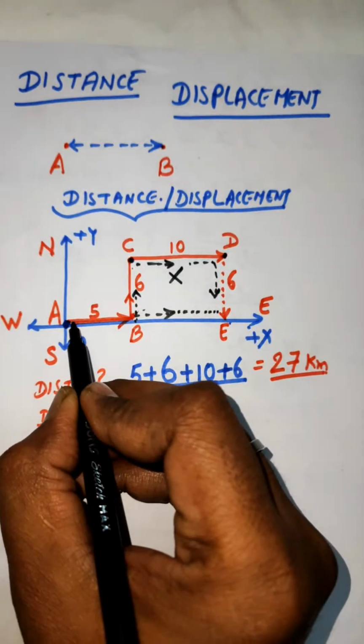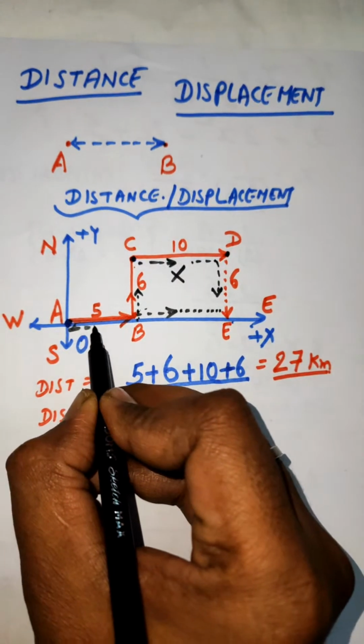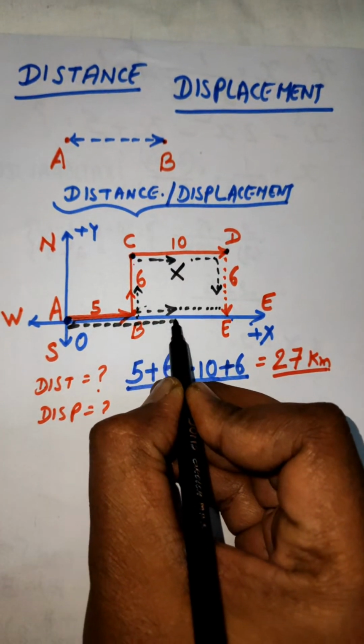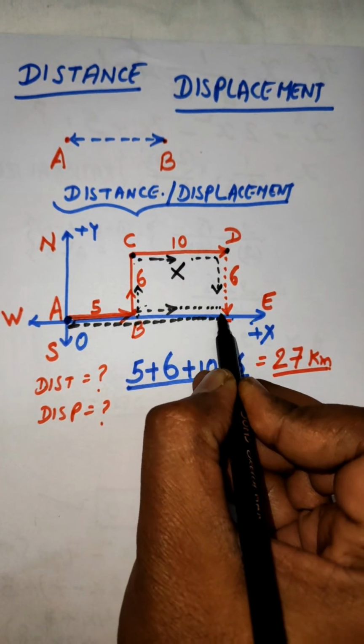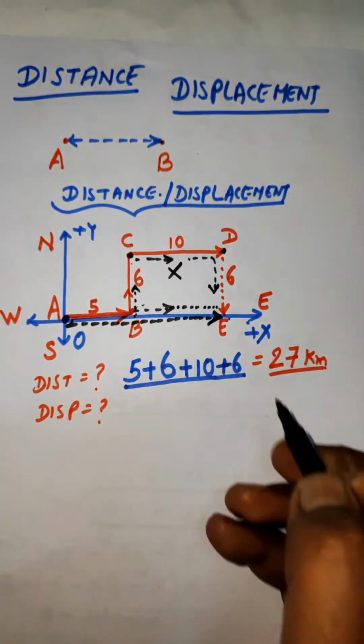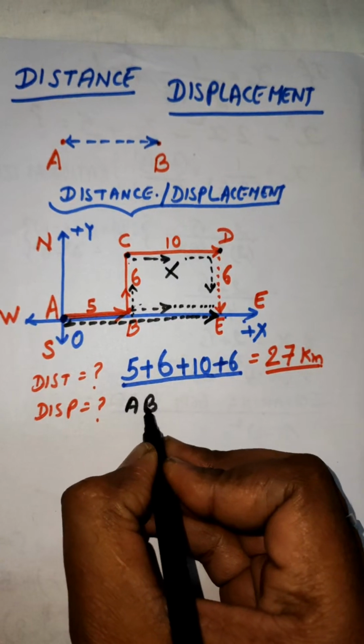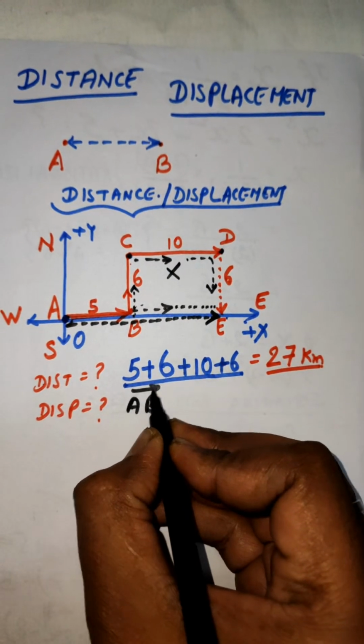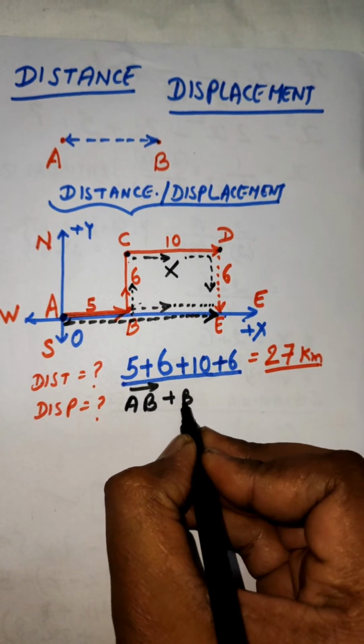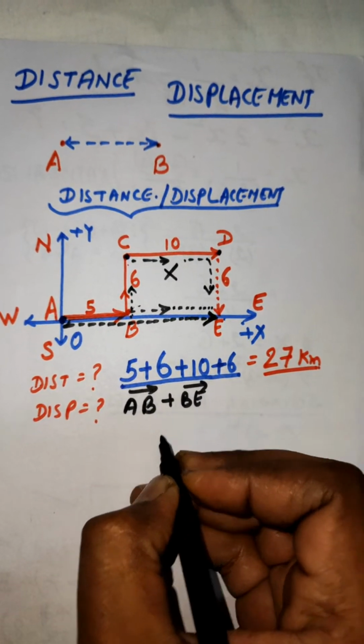So we can say, starting from this position, the person reaches A to B and E directly. So displacement is A to B, the vector, plus B to E, right?